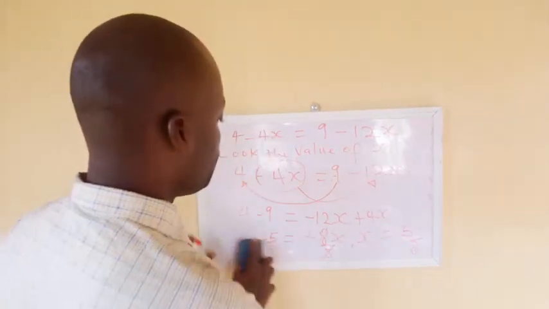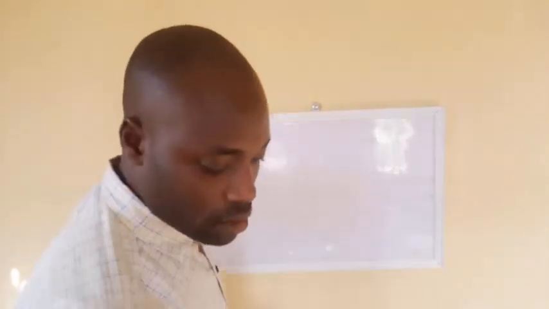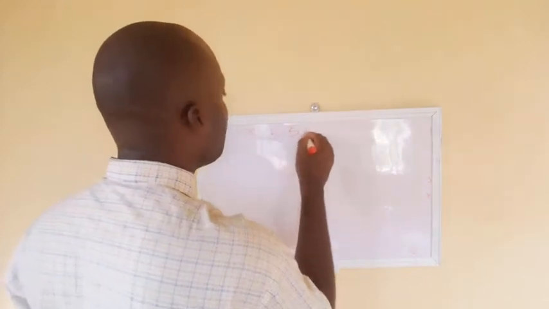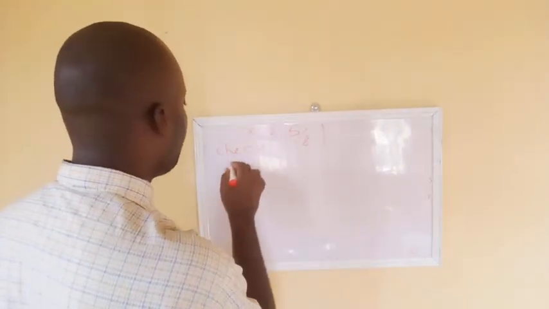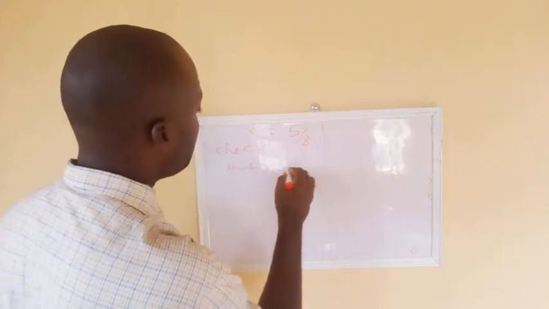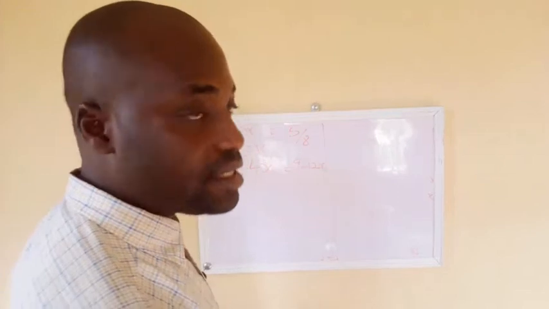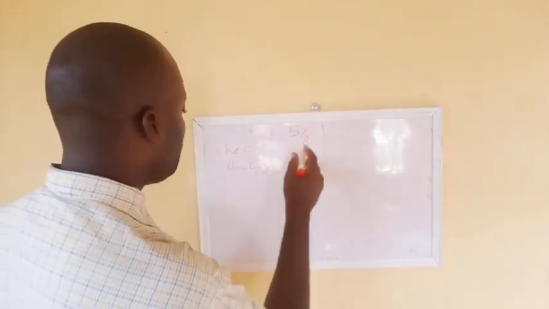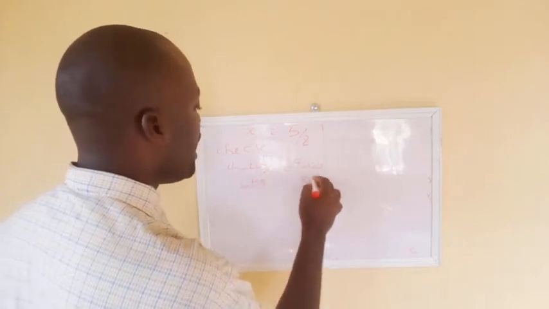Then we have to confirm to be sure that the statement is correct. We already have our x to be equal to 5 over 8. So in order to check, we have 4 minus 4x equal to 9 minus 12x. Anywhere we see x now, we will put 5 over 8. This is for the left hand side and this is for the right hand side.